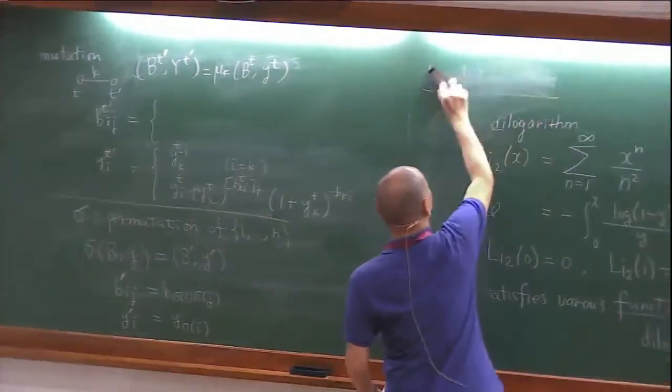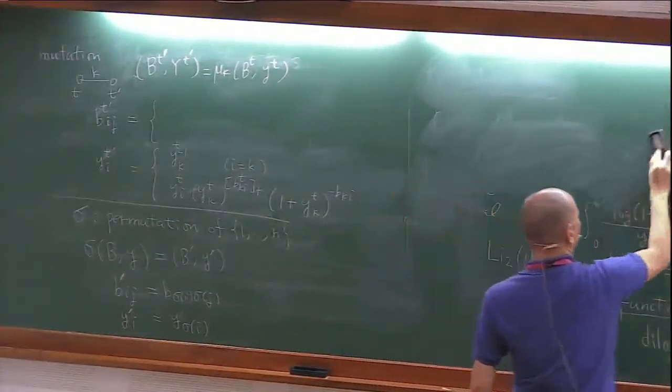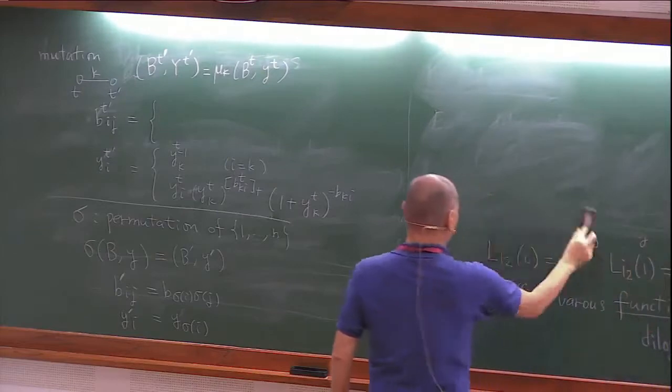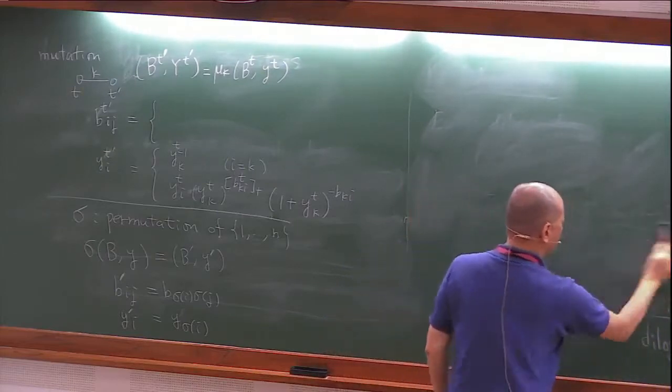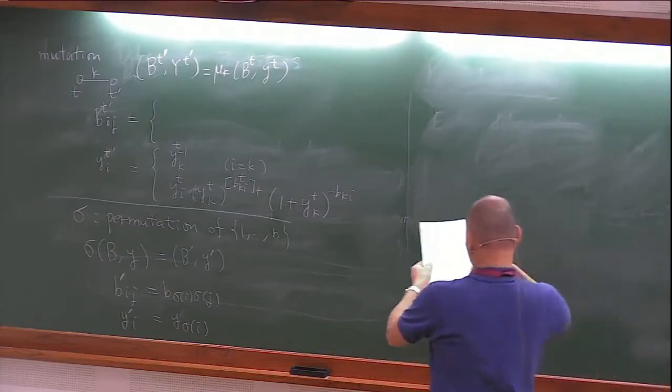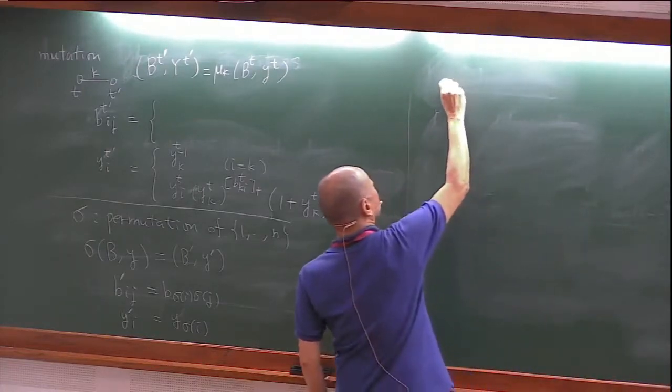So now everything is ready to state my theorem, the dilogarithm identity, which generalizes this in a very drastic way. Suppose you have a sequence of mutations.